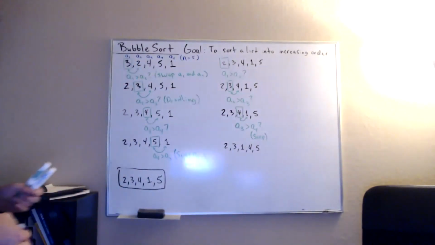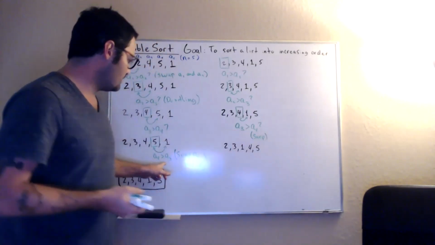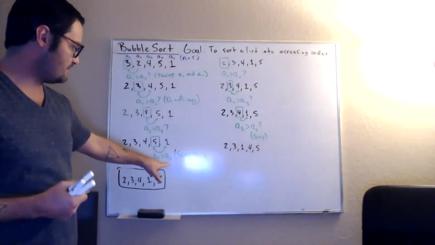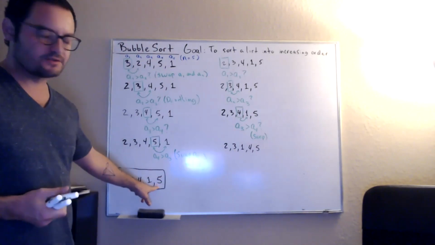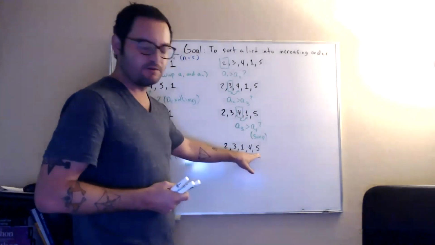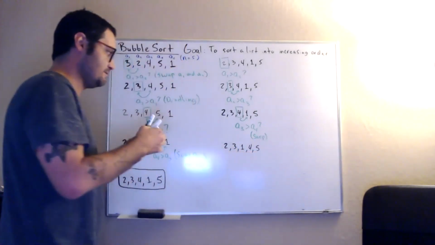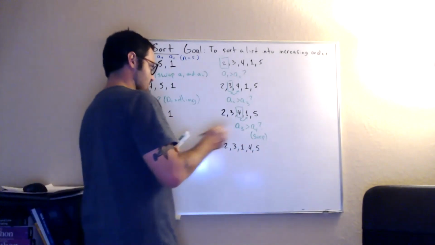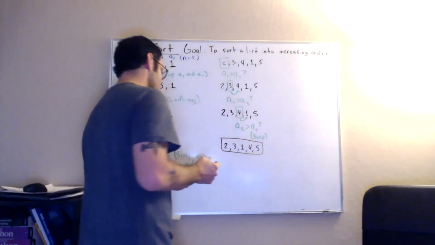But now we can stop. We've made it to the A4 entry, right? And we know that on the previous pass, the A5 entry was guaranteed to be the largest number. So we know we don't have to go any further. We've made it to the fourth entry, we can just stop. Okay? So here, this is our new list.